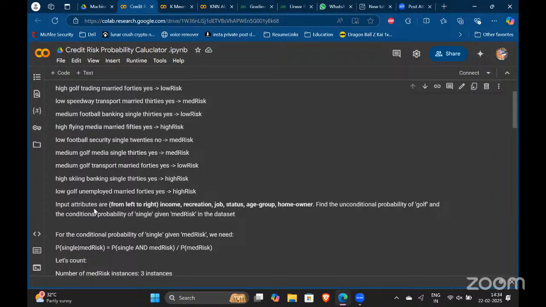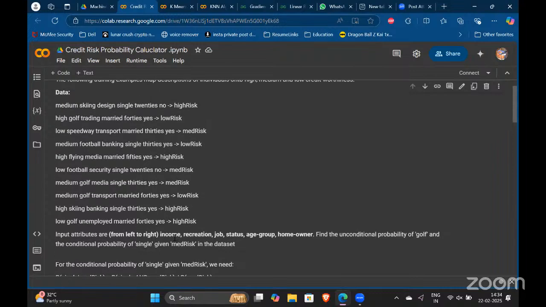The input attributes are from left to right: income, recreation, job, status, age group, homeowner, and this is the risk. Okay. So this is also a classification based program. We'll see how this is being handled.